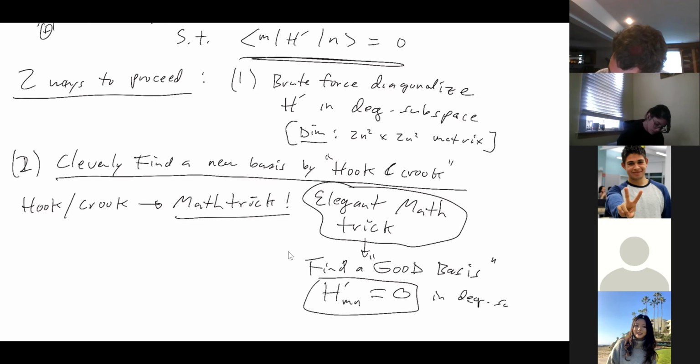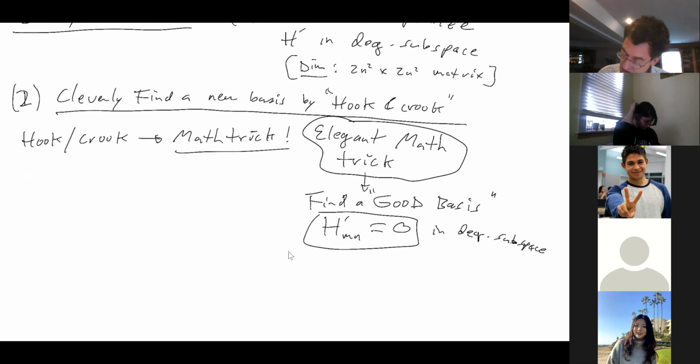I know it's a lot of words and it sounds complicated, but it's not complicated. You've got these degenerate subspaces, and if any of those states are connected through the perturbation, you're screwed. That's a bad basis. A good basis is one that does not connect those states.